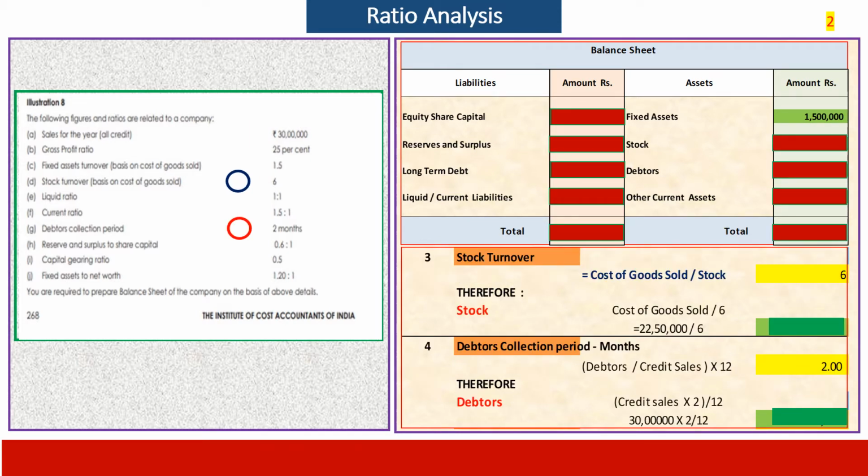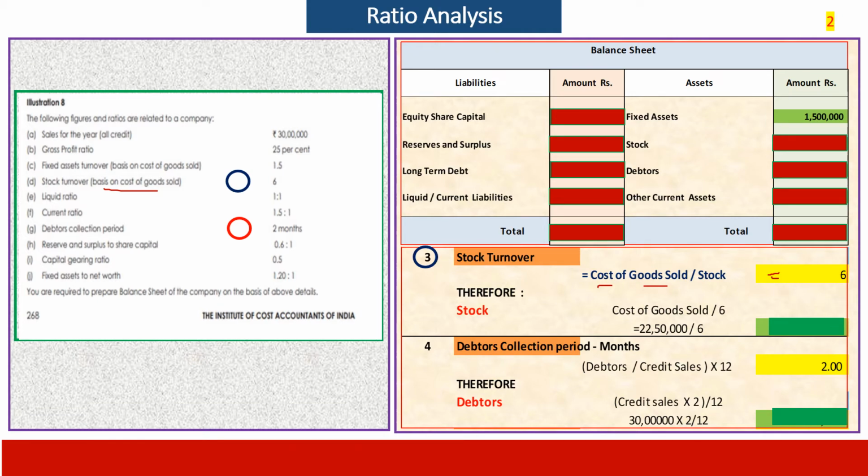Now we are coming to the next point, stock turnover. Stock turnover is given as 6. Since stock turnover is based on cost of goods sold, cost of goods sold divided by stock is equal to 6. Therefore, what is stock?